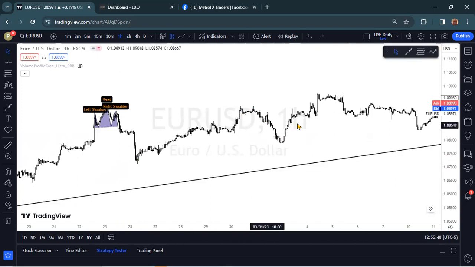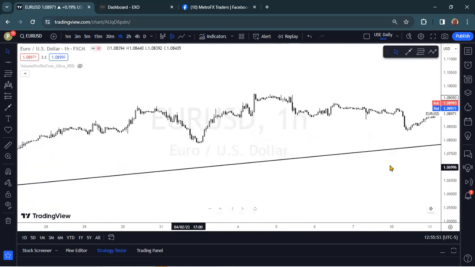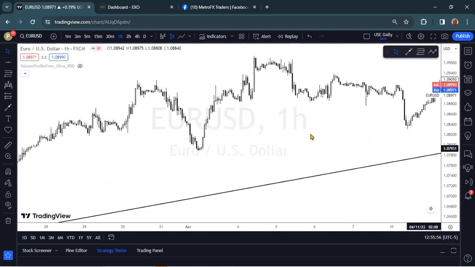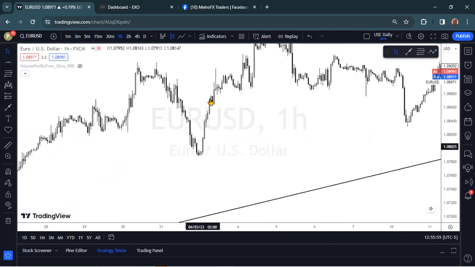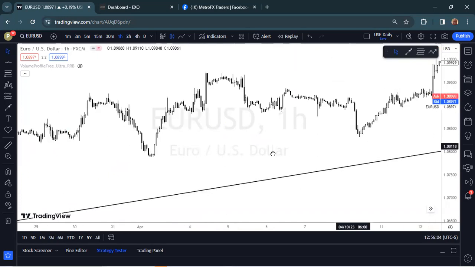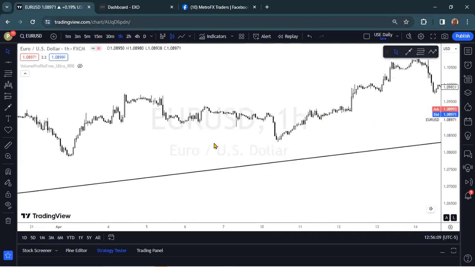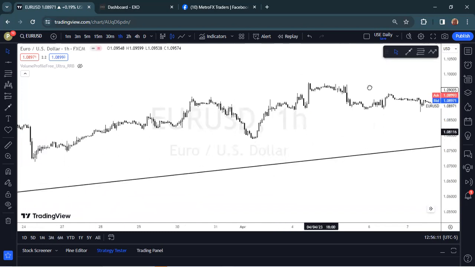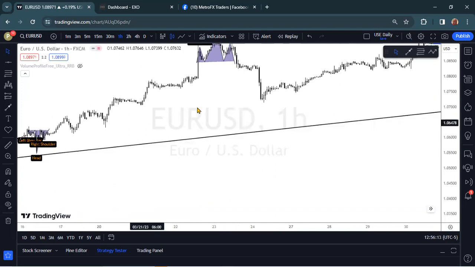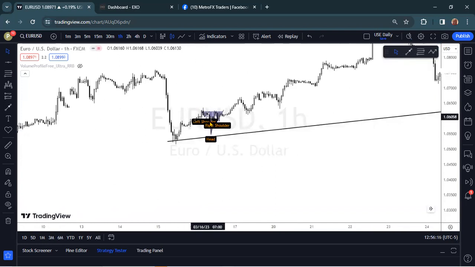There's another inverted head and shoulders right here. I'm just training your guys' eyes to see this. Okay, here it is right here. See how it dipped? So whenever you see a dip, pull that tool out and see if you can create the inverted head and shoulders pattern.